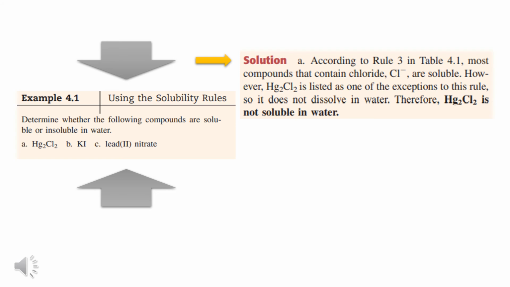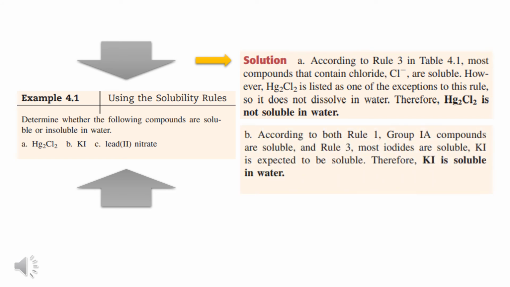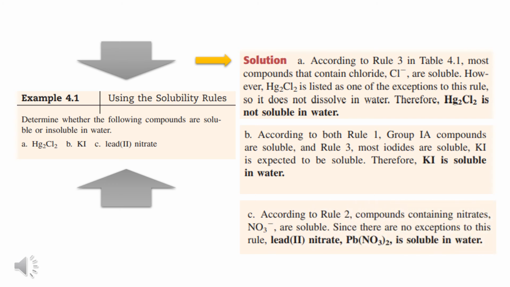Okay, so let's go to letter B. We have here potassium iodide. According to both Rule 1, Group 1A compounds are soluble, and Rule 3, most iodides are soluble, potassium iodide is also expected to be soluble. So we conclude that potassium iodide is soluble in water. Let's go to letter C. We have here lead nitrate.